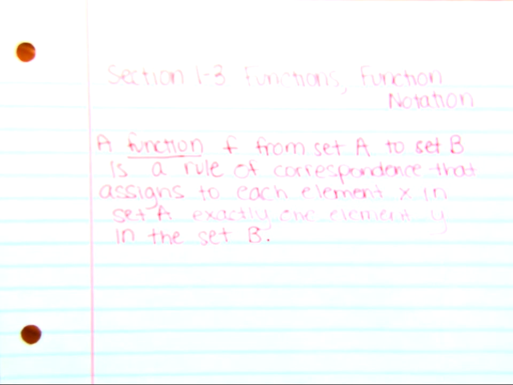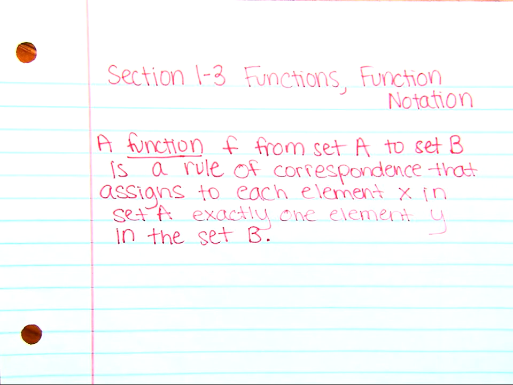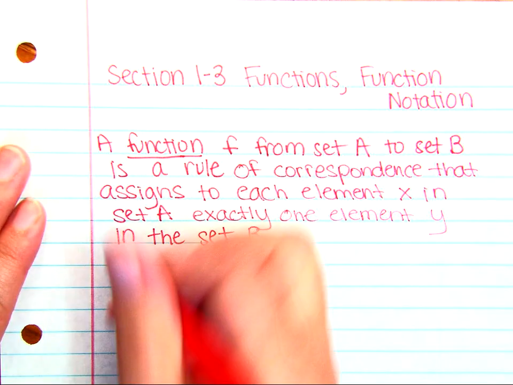So we've got two sets, set A and set B, and a function is a rule that assigns one element in set A, we call those x, to one element in set B, and we call those our y values, okay?